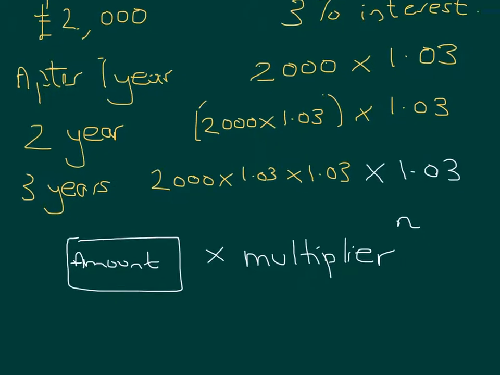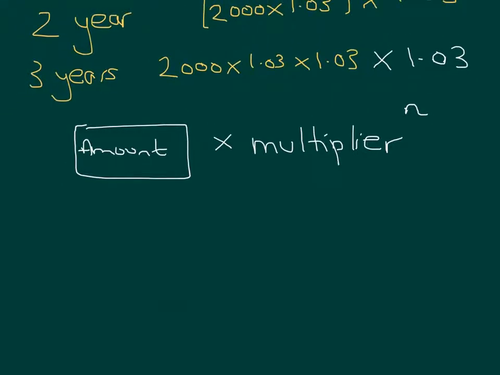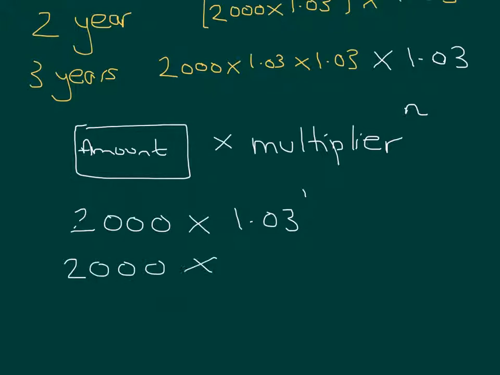If I just make that a little bit smaller, let's just move that up here. So this means after 1 year, I will have 2,000 times 1.03 to the power of 1. After 2 years, well, I had 2 of these 1.03, so I'll have 1.03 squared.